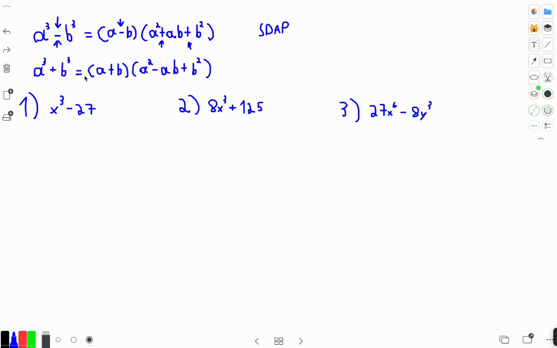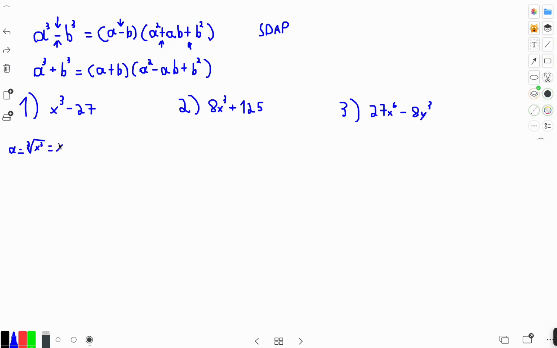Okay, so let's start off with this very simple question, question 1. So first, we're going to need to identify our A and our B. To identify our A, we're going to take the third root of the first term. Our first term is x to the power of 3, and if we take the third root of that, we're just left with x.